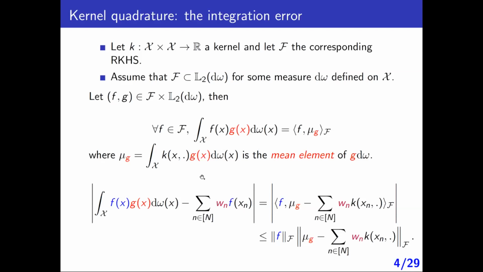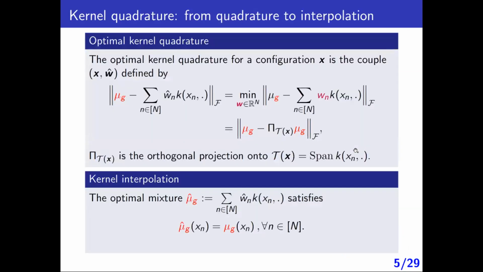And we can make the same upper bound on integration error using the product of the norm of f times the residual of the mean element by kernel translates. And we can define, as usual, the optimal kernel quadrature. That is, for a fixed value of g, we look for the optimal weight w.